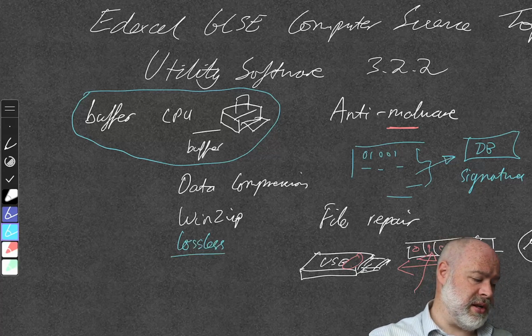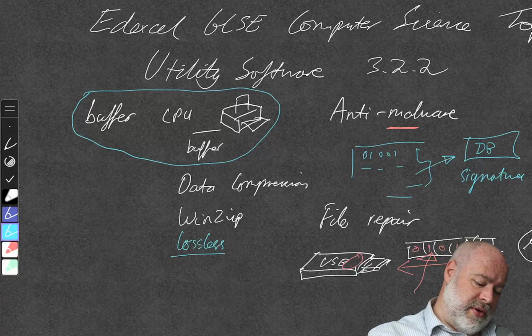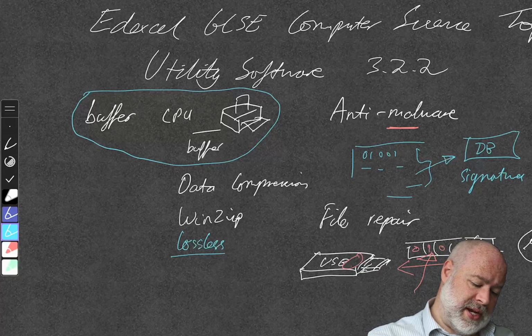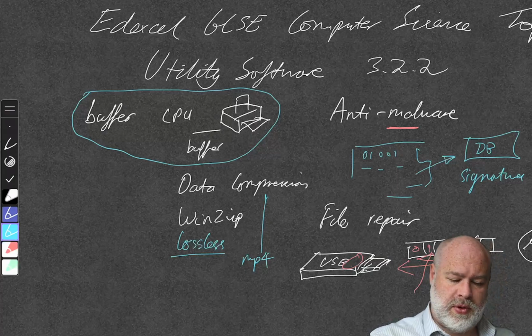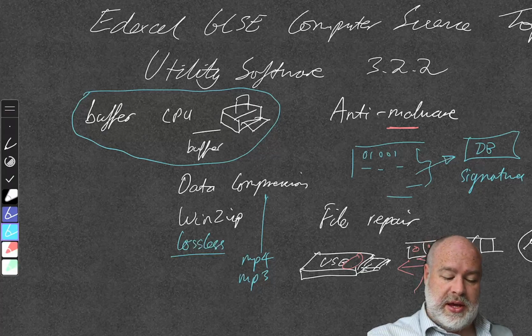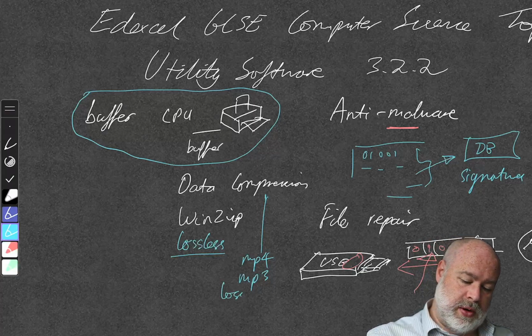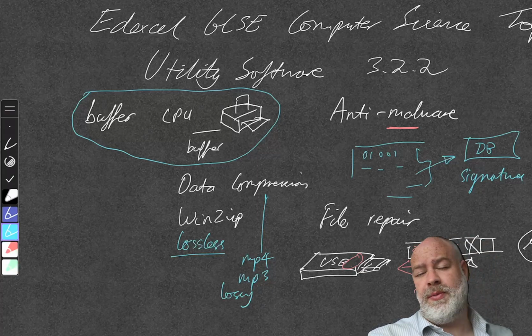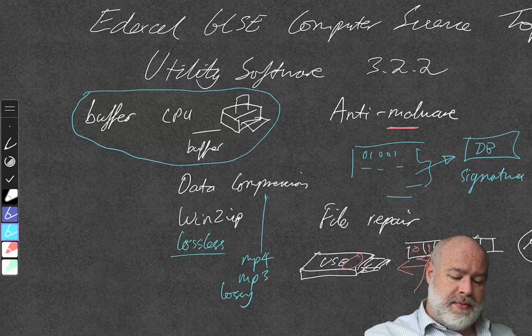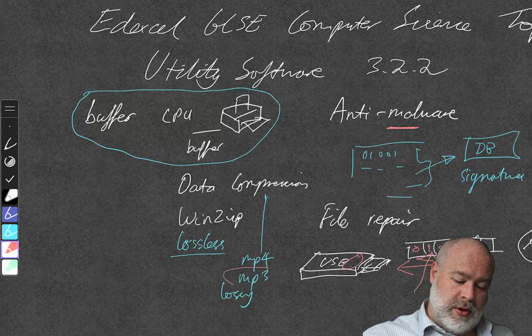There is a lossless system. However, other data compression, for example, you might have MP4 or MP3 or other lossy formats. Lossy means we will lose information from there. MP3s are a nice example because we all use them all the time.